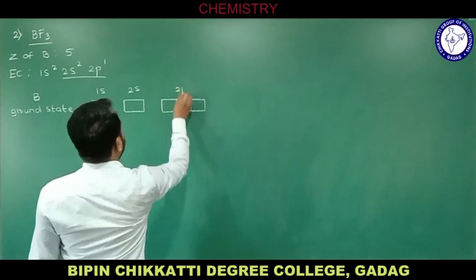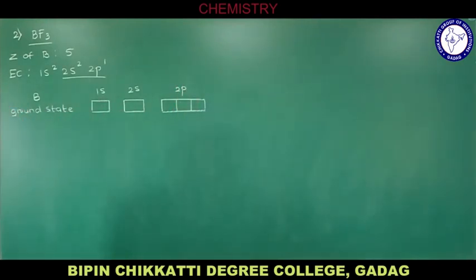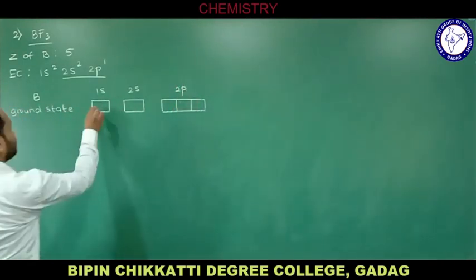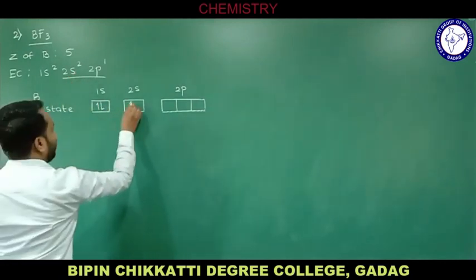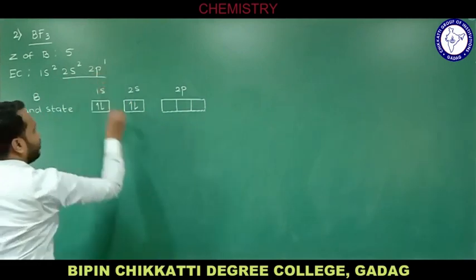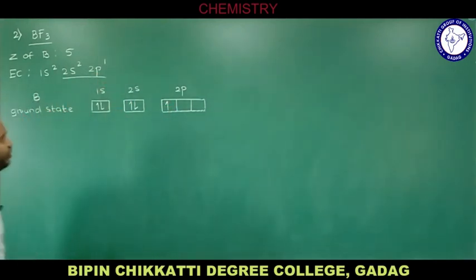This is for 2p. So now we'll fill the electrons. In 1s we have 2 electrons of opposite spin. In 2s2 we have 2 electrons, and in 2p1 we have 1 electron I am going to fill here.